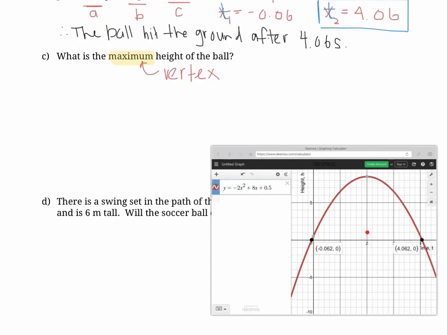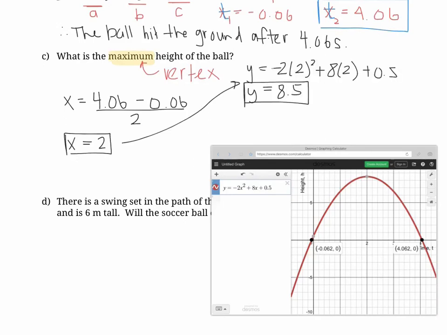Divide those by 2 to find the axis of symmetry, and we get 2, which is the x value of our vertex. So now go ahead and find the y value and come back to the video.